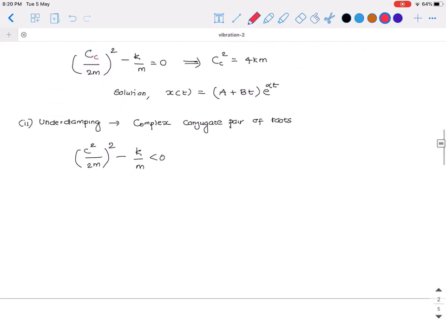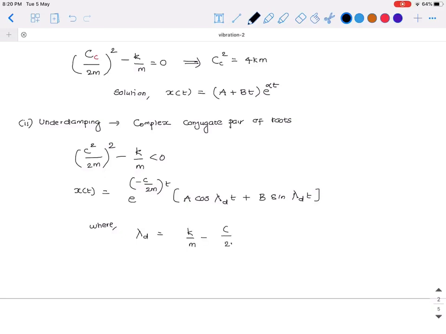In this case the exact solution x of t is given by e to the power minus c by 2m times t, times (A cos lambda_d t plus B sin lambda_d t), where lambda_d is given by the square root of k by m minus (c by 2m) whole square. Okay, it is called the damped natural frequency.